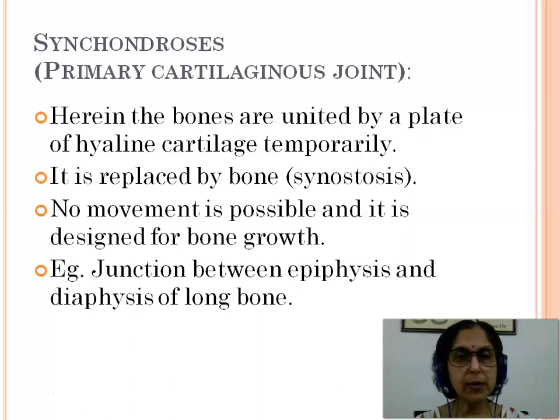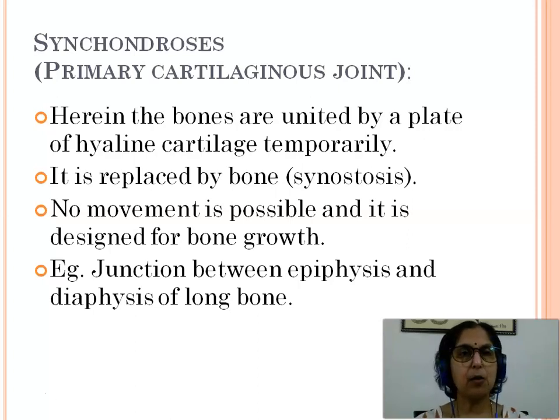No movement is possible so long as the bone grows in length. This small cartilage piece will be present between the diaphysis and the metaphysis, and once the bone has grown its entire length, this cartilage also gets converted into bone, and that is what is called synostosis.